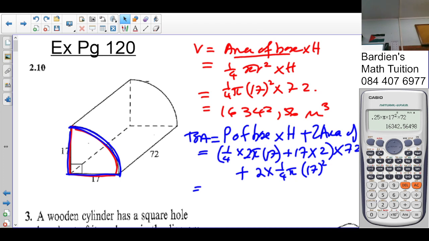So you're going to go with a quarter. We say perimeter of base times height.